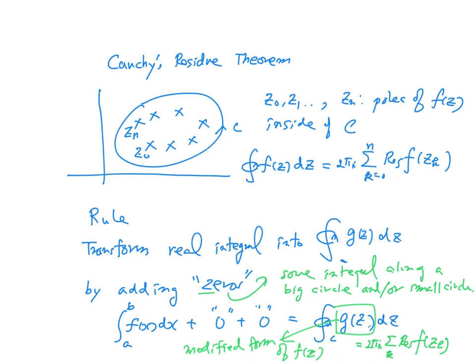So the first two cases we have done is f(x) becoming f(z), right? So let me see. Is there any way that I can go back to the notes? Let's see. I can give you one example. We have some integral dx.